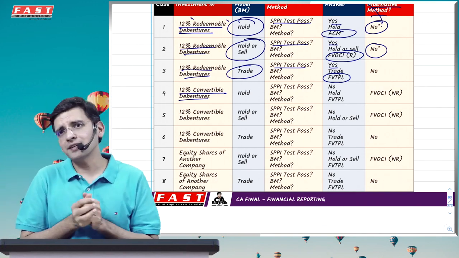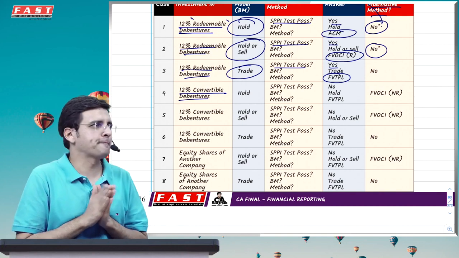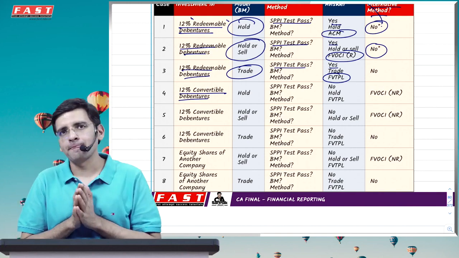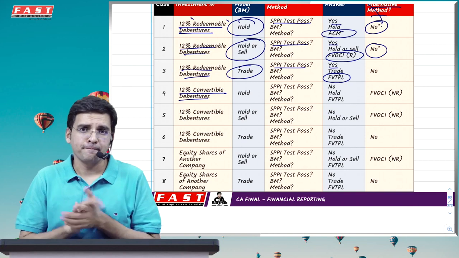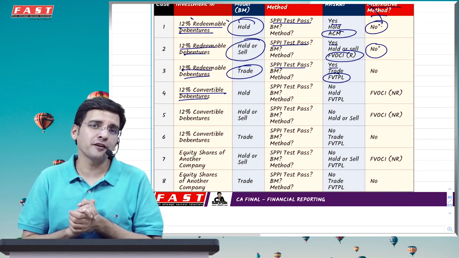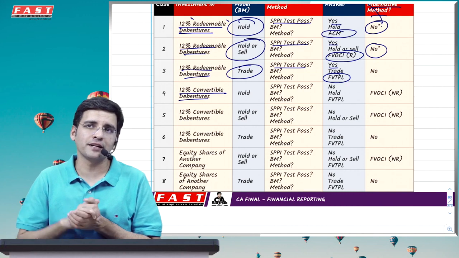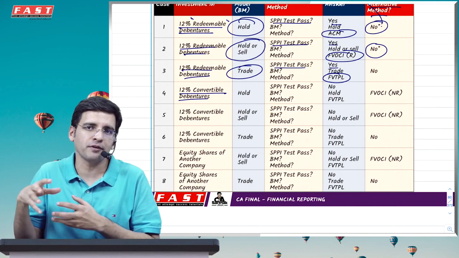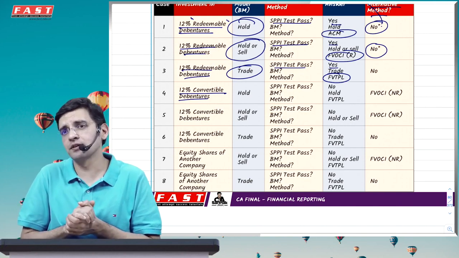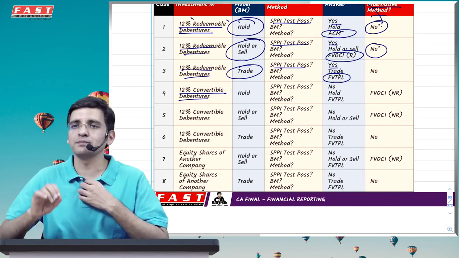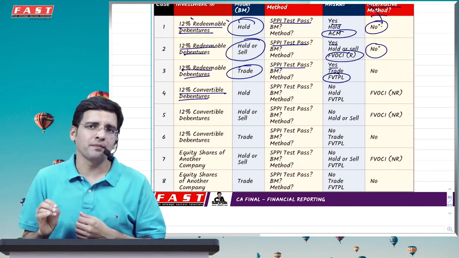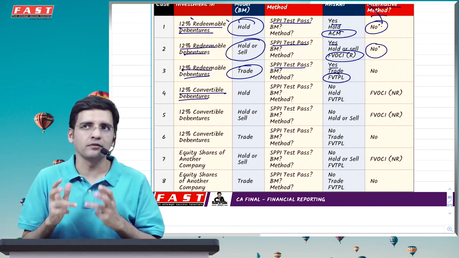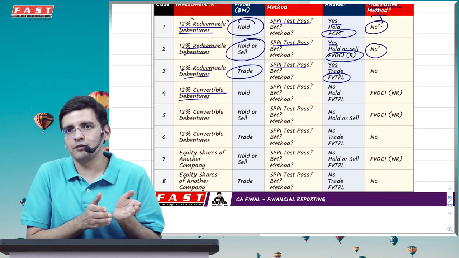But if you're buying something wherein you will be getting equity shares, definitely you'll be interested in the market value of the equity shares, because the way it goes up and down, it'll actually change your heartbeats, because you will feel a sense of profit or loss. In such cases, going with the cost method may not be appropriate, because a company buying such a type of debentures is really interested in the fair valuation of it. That is why you have to use the fair value method.